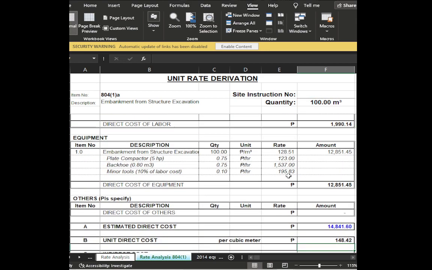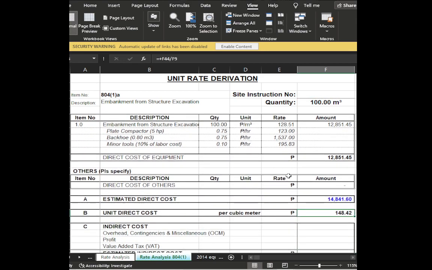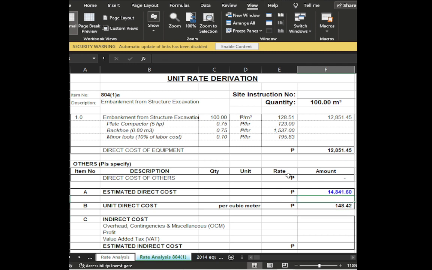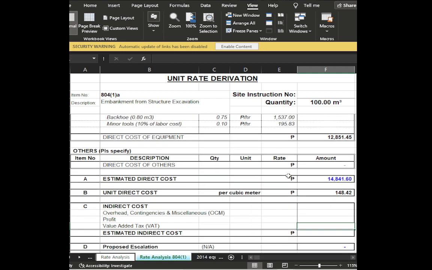This is 100 cubic meter, so we have 148.42 per cubic meter for the embankment item, embankment from structure excavation. So this is 148.42.